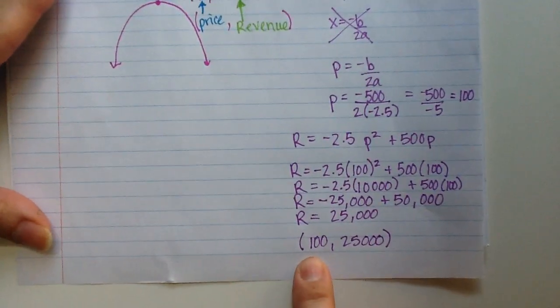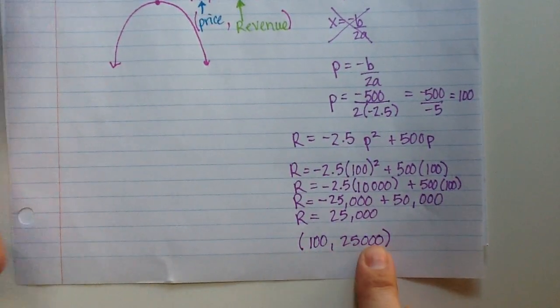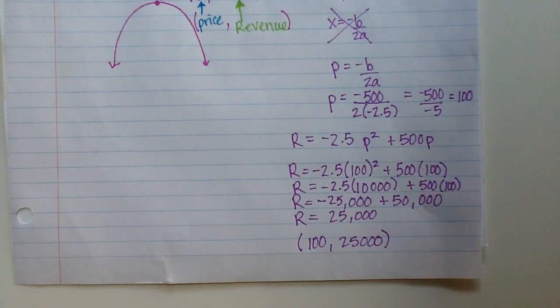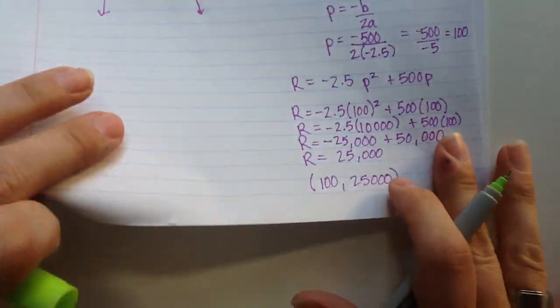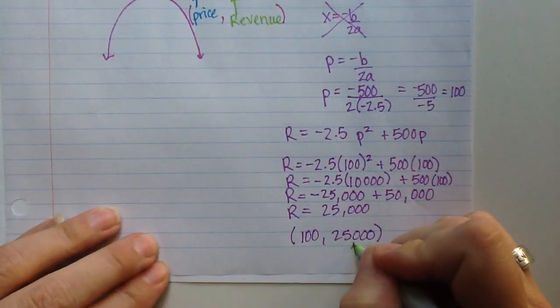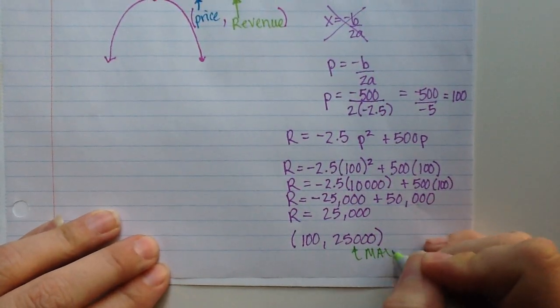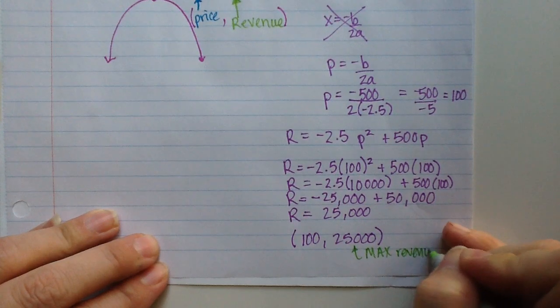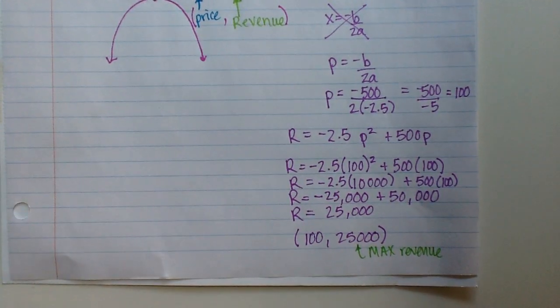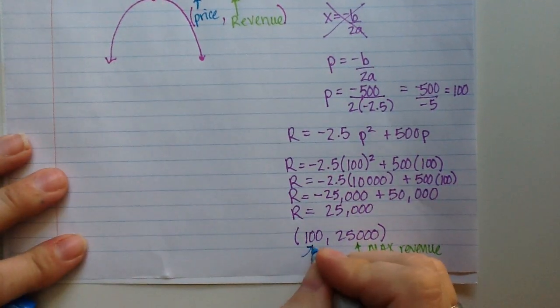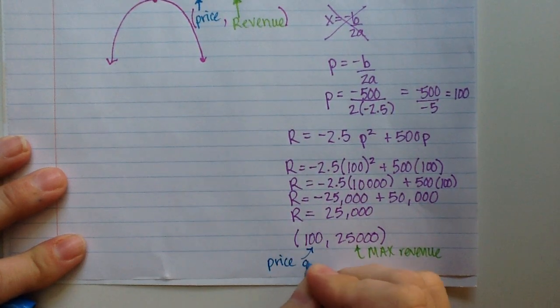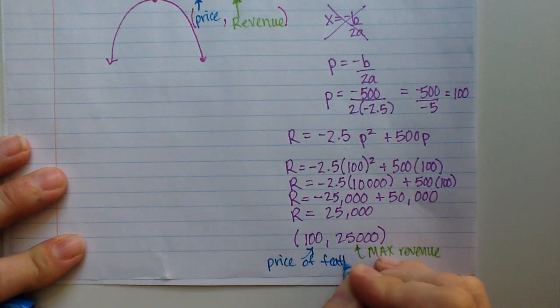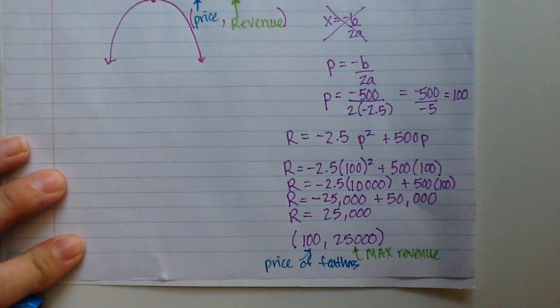So based on our vertex being at 100, 25,000, that tells me that the maximum revenue is going to be 25,000, and the price of feathers is going to be 100.